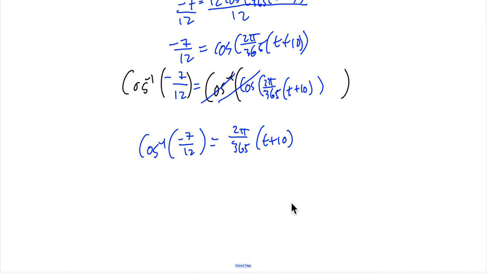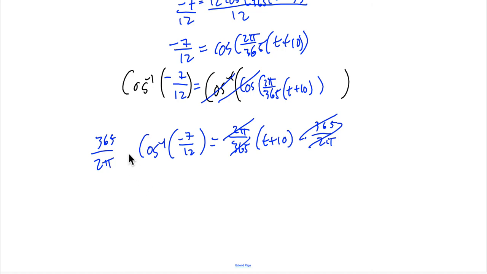And now the rest of this algebra should be pretty simple. I'm going to multiply both sides by the reciprocal, 365 over 2 pi, so I can get rid of that on the right side.